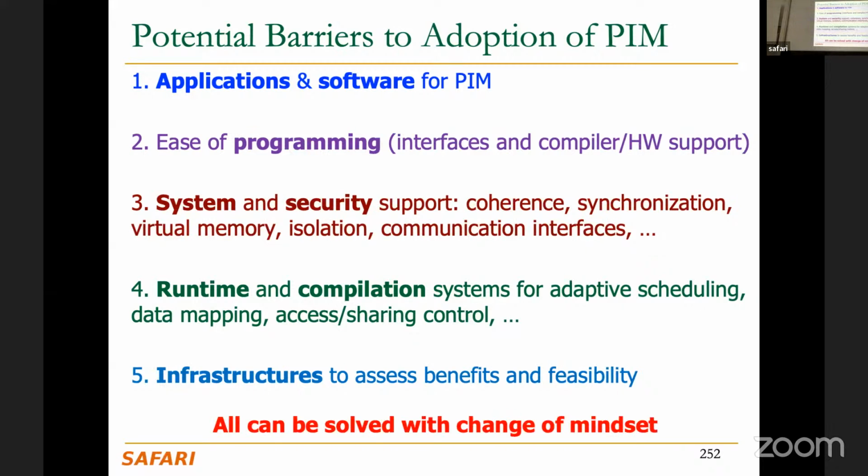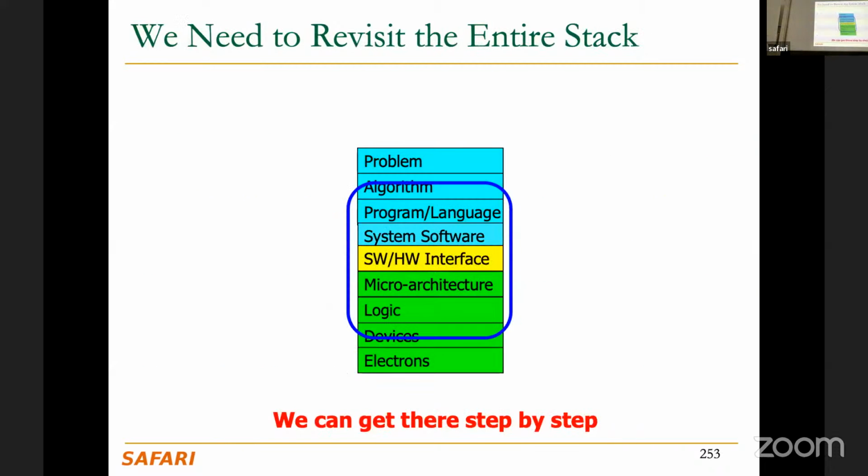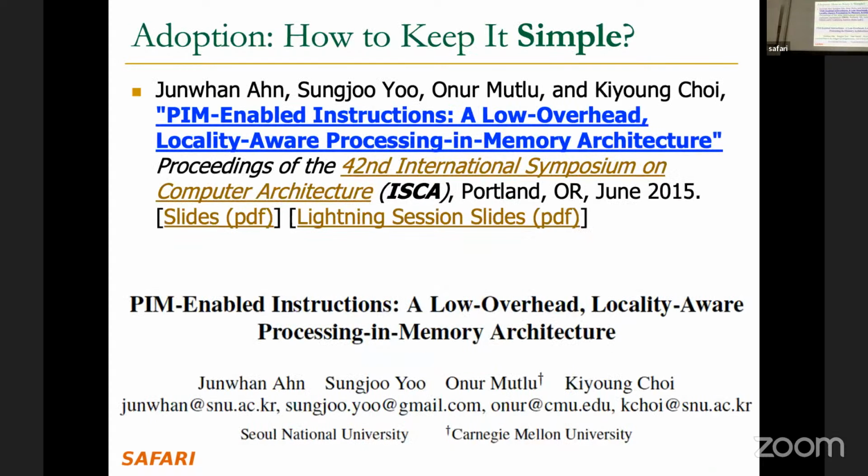All of this can be done if you change your mindset and are more open to changes to current processor designs. But to do that, we need to revisit the entire compute stack one thing at a time. This is just a summary of the works that we have done so far in that direction to enable processing memory.